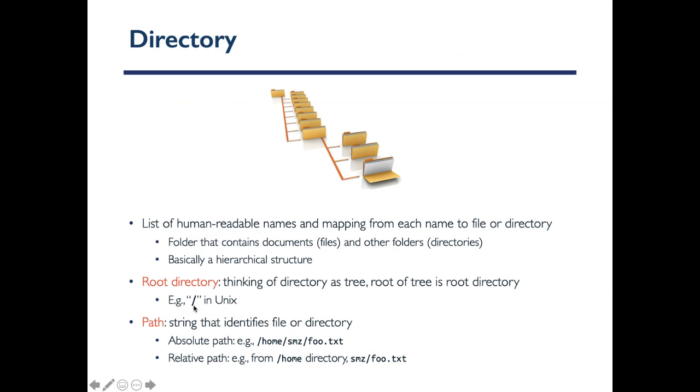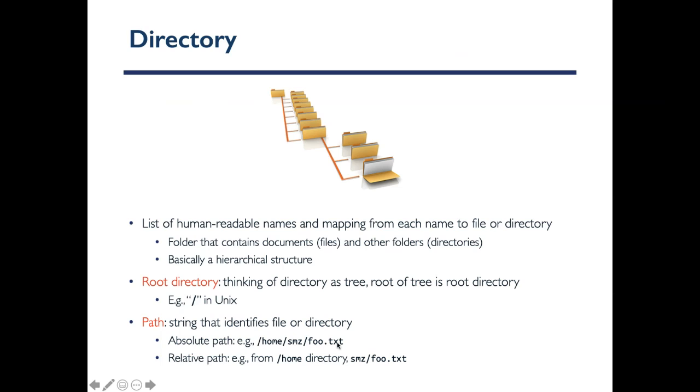And now, what is a path? So you have two types of path. One is absolute path. An absolute path gives you the path from the root directory to the file that you want. So in this case, the root directory, then home is another directory. From the home directory, I go to the SMZ directory, and then I find my file there.